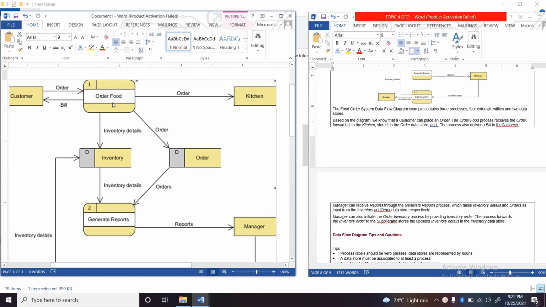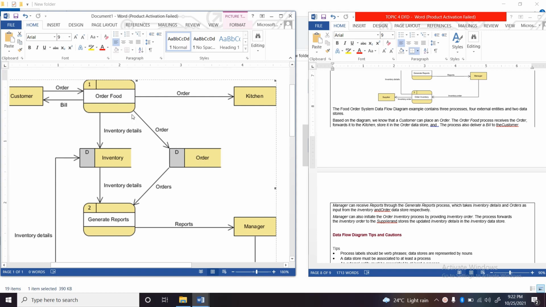And yung order po natin, okay, yung order food process natin receives the order from the customer, and then it will forward the order to the kitchen. That is why the arrow is going towards the kitchen at meron din tayong label na order. Okay, and then the order here, from the order process, it is stored in the order data store.